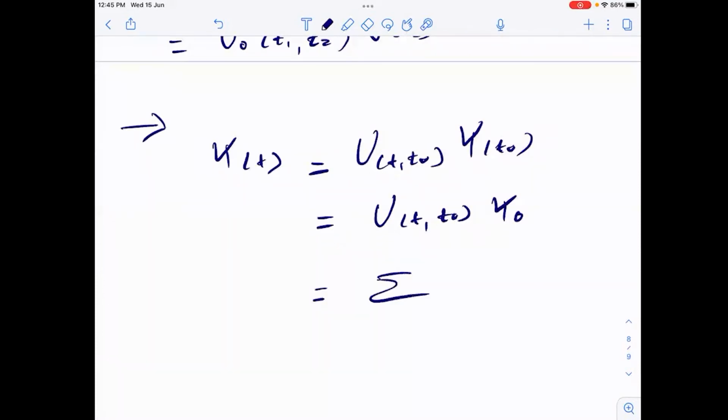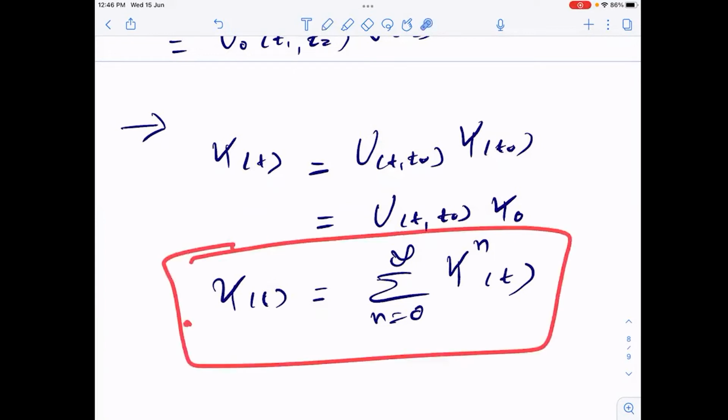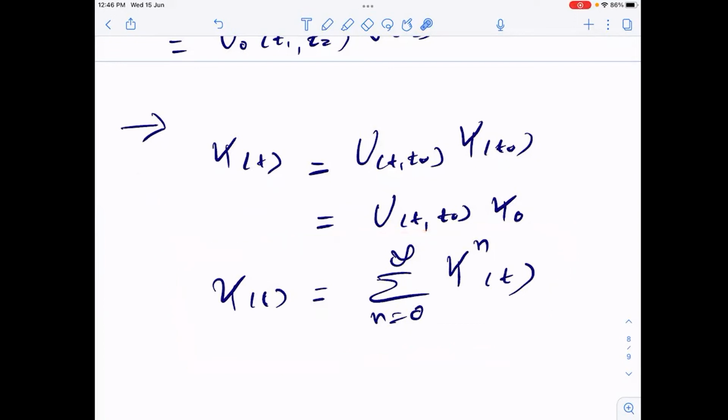And generically, since we are considering the series expansion of the unitary operator, we can write it in terms of n orders of state vector terms. So our psi t is equal to the summation n equals 0 to infinity of psi n t. Even in books, generally you begin perturbation theory with this one, so this is the reason why you write it in this particular way.